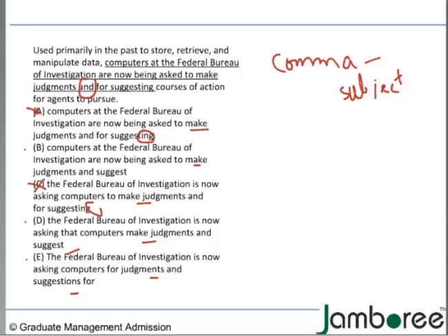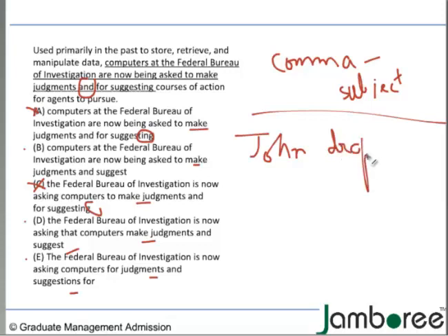I'll give you an example. Our classroom students will be probably familiar with the example. John dropped his wallet. Now this is a kind of recap of a rule, right? So just bear with me. John dropped his wallet while he was walking out of the store.